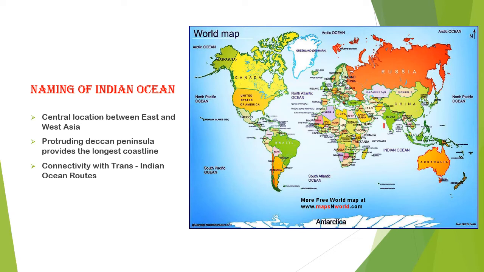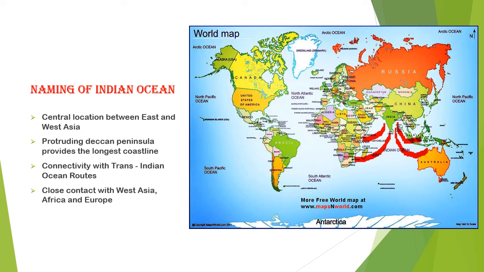Trans-Indian Ocean routes are those routes through which India connects to other parts of the world with the help of its coastline. And this connectivity has built close contact of India with West Asia, Africa, and Europe.